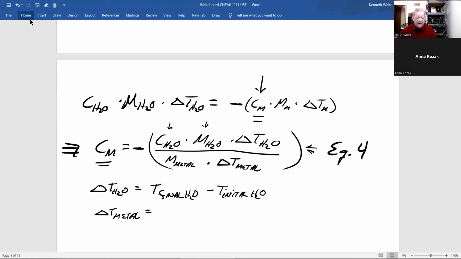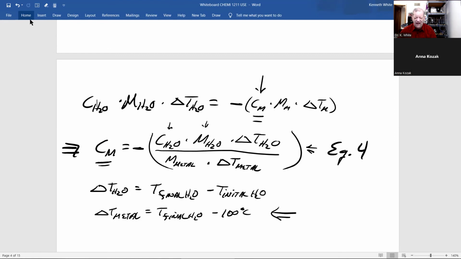Now, delta T metal equals the final temperature of the water minus 100 degrees, because that's the temperature of the metal in the boiling water you started with.